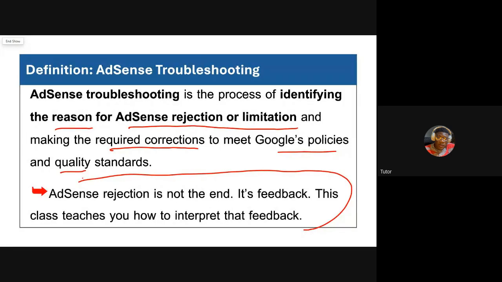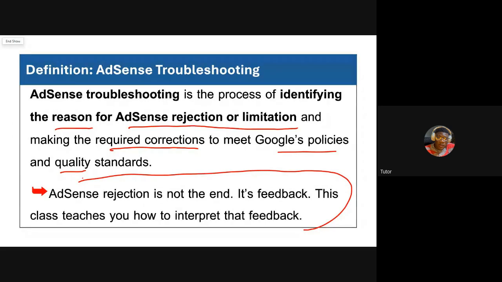That's why they expect you to meet all their requirements and they will approve you immediately. So when they disapprove you, it's not really a rejection and it's not failure. It is just feedback which you should study, interpret, and then fix.